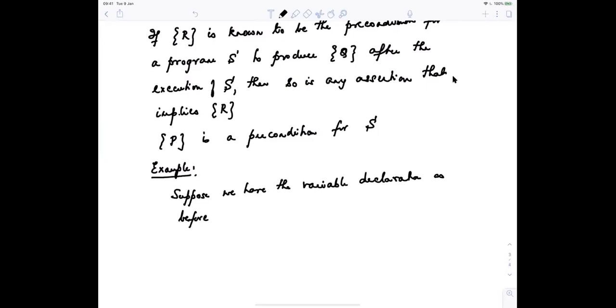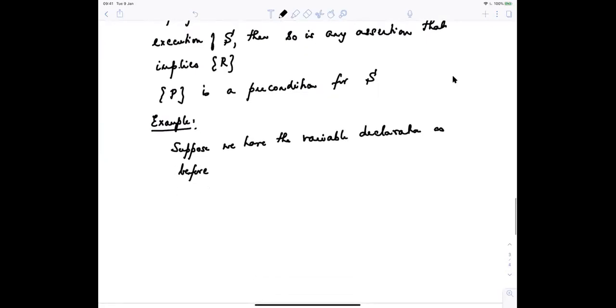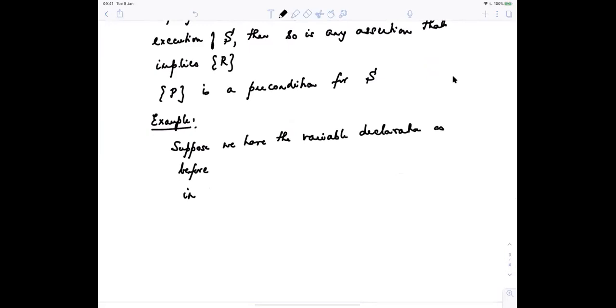Okay, writing a program again. So you first do the variable declaration. And let's say I have int x, y, q, and r. Again, we will assume all are unsigned integers.